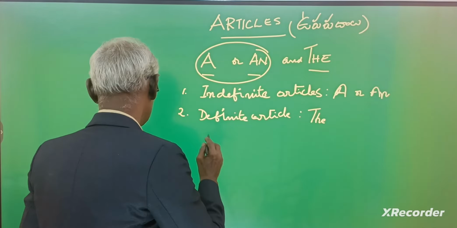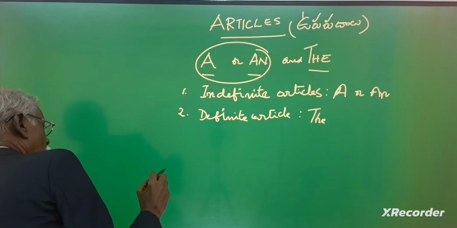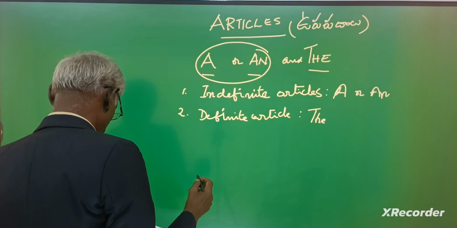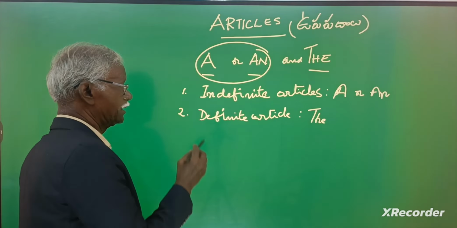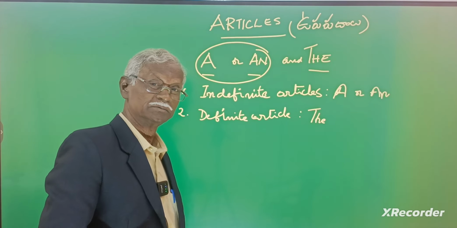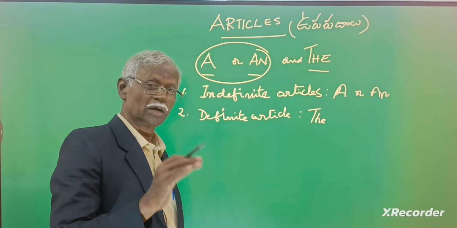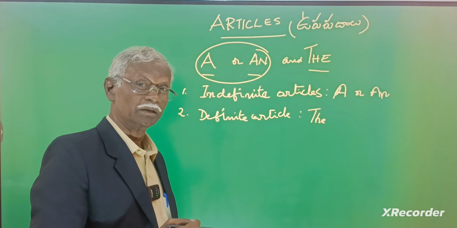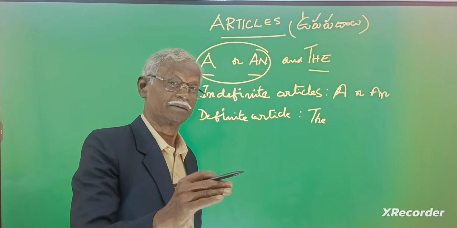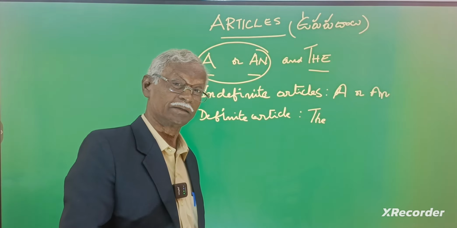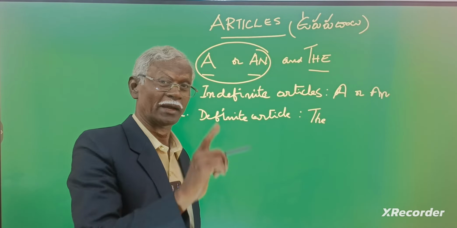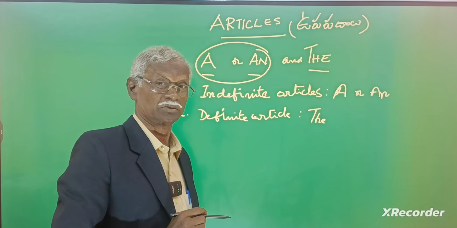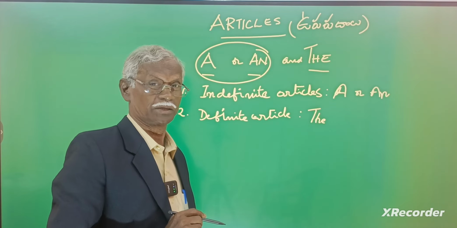Now, what is an indefinite article? Indefinite means not definite. For example, when you go to railway stations, announcers make announcements if any train is running late, through mics arranged at different platforms for passengers waiting for the particular train.